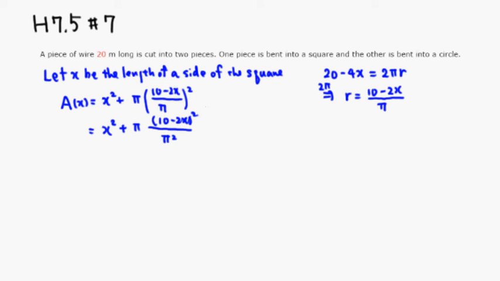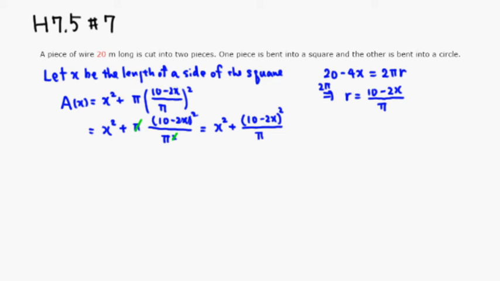Then we can cancel the pi on top and one of the pi on the bottom, so we get x squared plus (10 minus 2x) squared over pi.